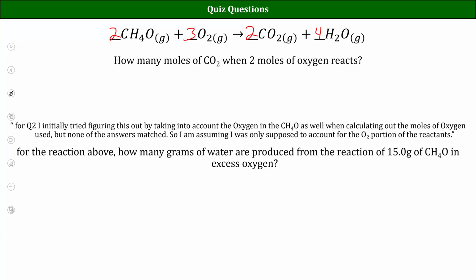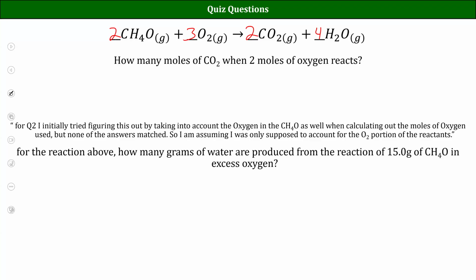If I say 2 moles of oxygen reacts, that doesn't include the oxygen as part of the methanol. That means just the O2, because that's oxygen. This methanol molecule has an oxygen atom in it, but it's methanol. It's CH4O. So that's not what I meant when I said that.